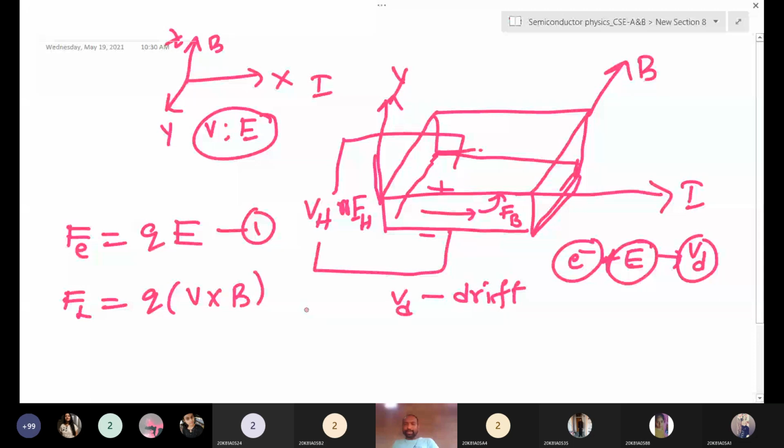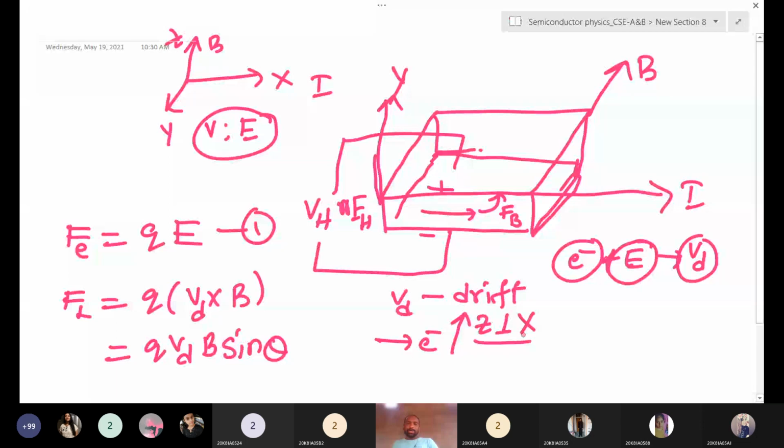Once the electrons get some velocity due to an applied electric field, that is the drift velocity. Take it here as Vd. Expand the cross product: Vd into B sin theta. The electrons are moving along the x direction, and we applied the magnetic field along the z direction. The x and z coordinates are always perpendicular.